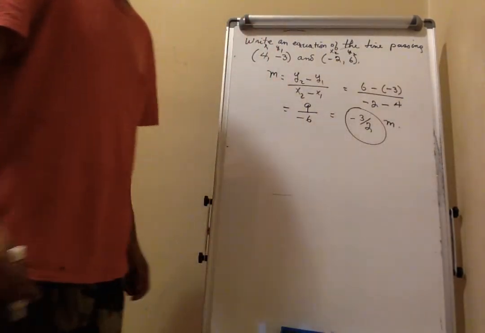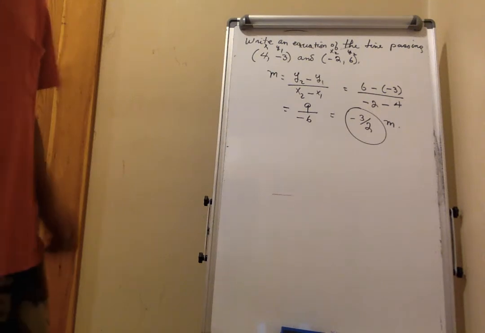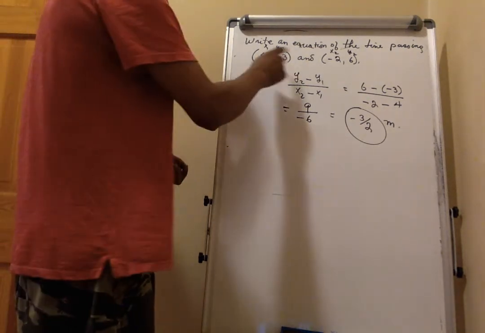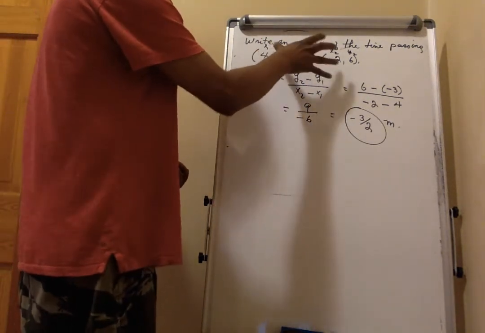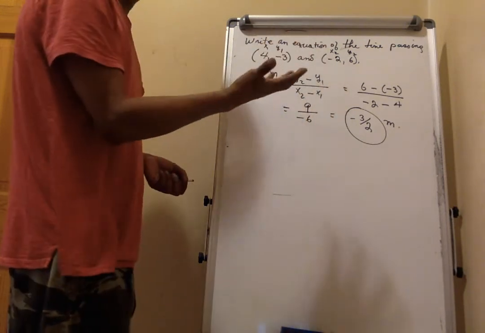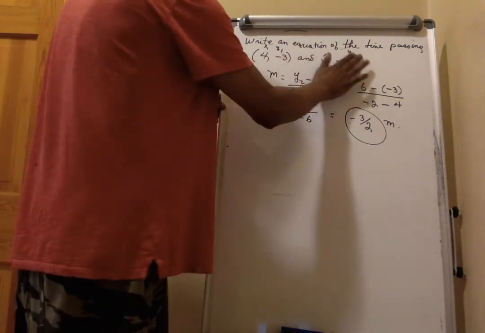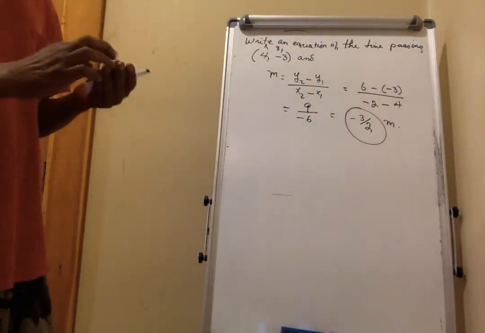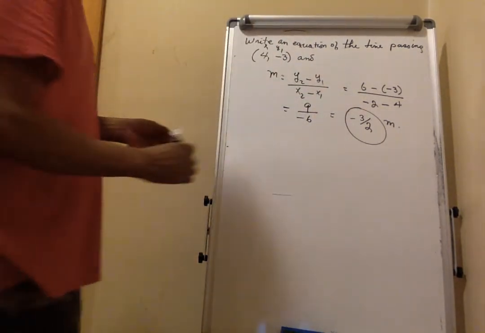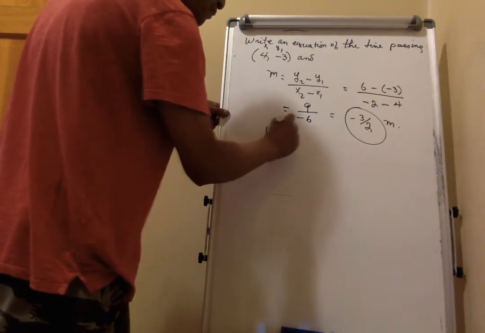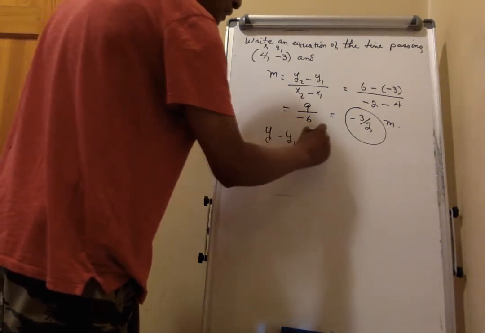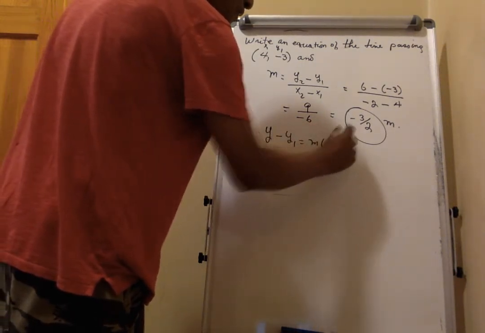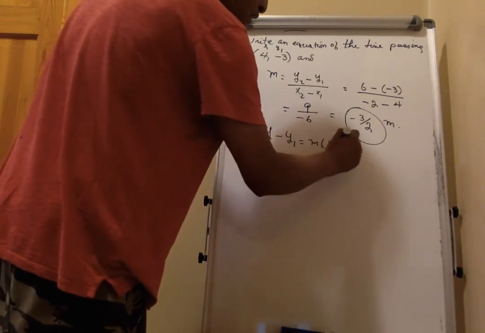This is what you need in order to write an equation. At this juncture, you don't need both pairs of points to write an equation, so get rid of this because you already found the slope. You can get rid of either of them. So you have to use now the point-slope form, y minus y1 equals m times x minus x1.